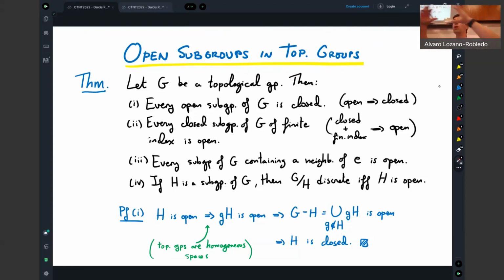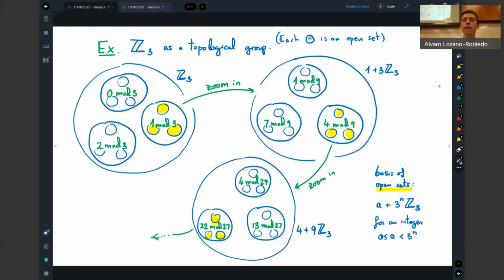So if you look at the topology around a point, it looks the same everywhere. You can see it very clearly here that it looks exactly the same whether I did the picture around 1 mod 3 or 0 mod 3. So that's what it means to be a homogeneous space in this setting.